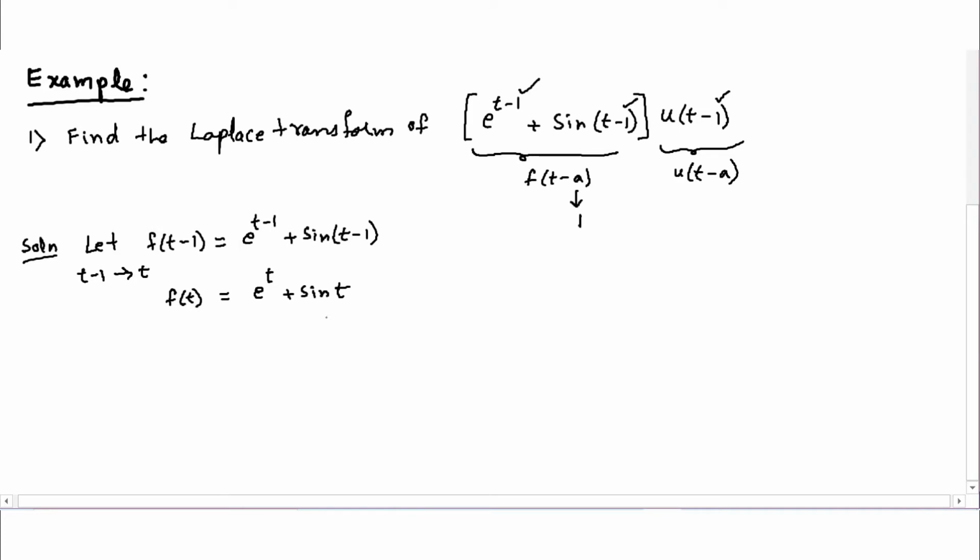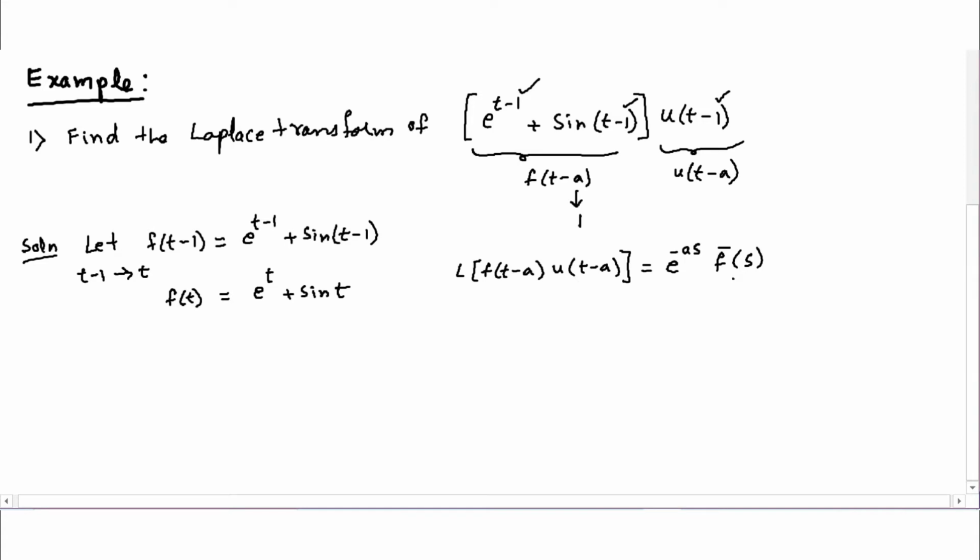And we know the property number 2 of the Laplace transform that we have seen: the Laplace transform of f of t minus a into u of t minus a is equal to e power of minus s into f bar of s.